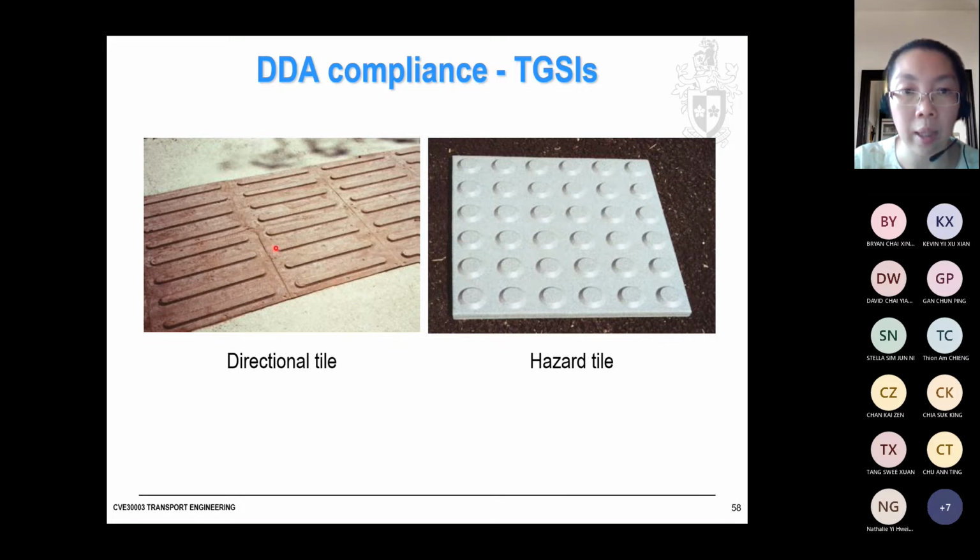These are directional tiles, to assure the user that this is the direction to go, there is a continuous path ahead of them. These round ones indicate hazard, whether that is a real hazard, such as a road or an intersection in front, or to warn them that there is a change in direction. Either one of these two hazards.